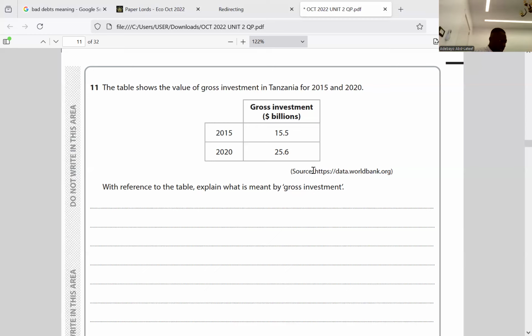But you can literally say gross investment is the value of the investment. When you purchase an asset, you already know that the asset will wear and tear. That's why it is plus. Except for land, every other asset will depreciate. So you are buying an asset with the value it will lose over time.